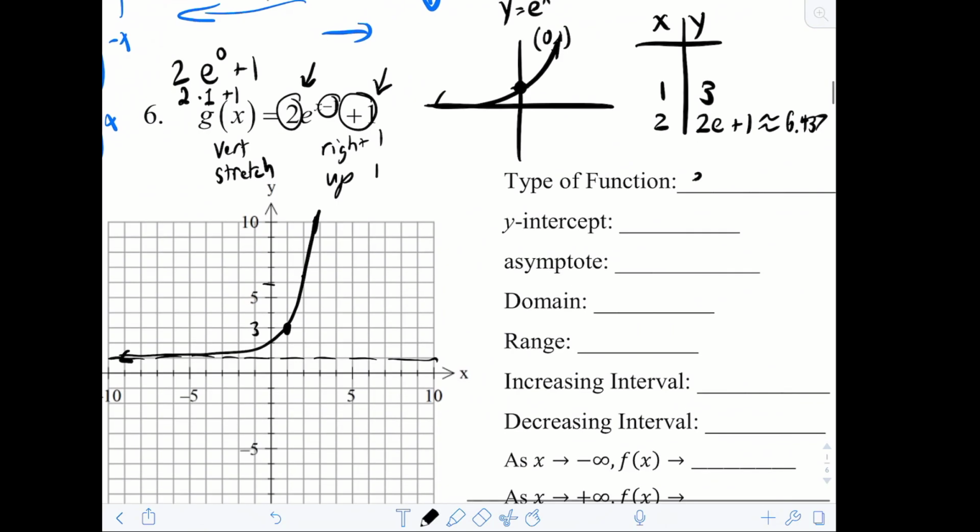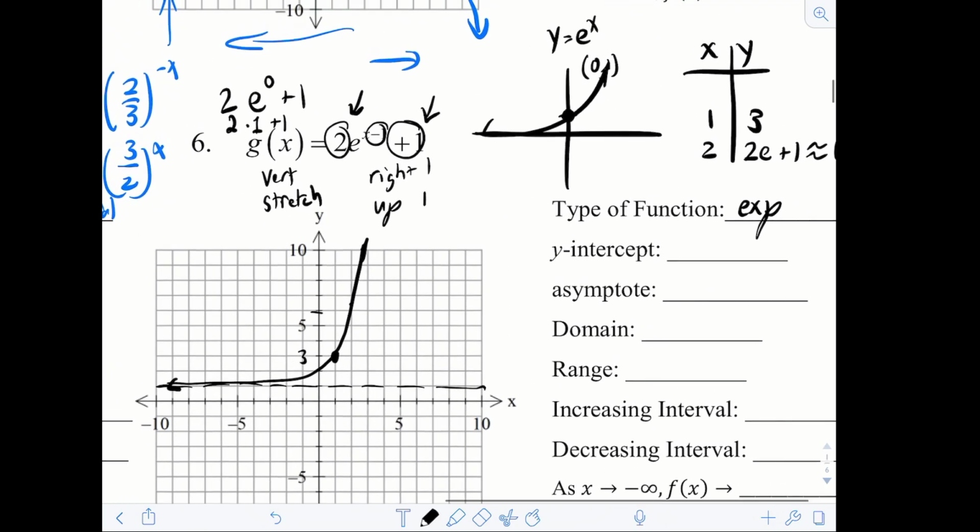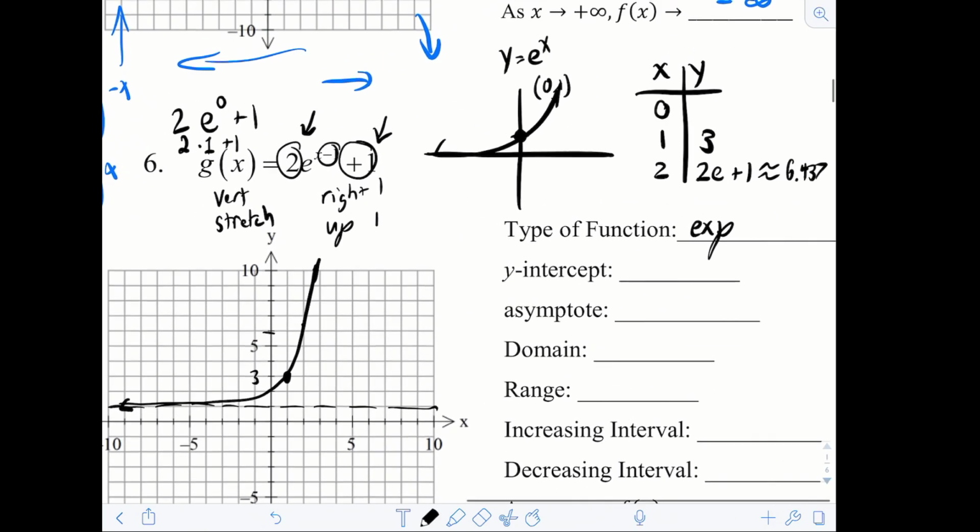Okay, type of function: exponential. Still, even though the base is different. My y-intercept, now that's actually a really good question. When x is equal to 0, that is going to be 2e to the 0 minus 1 plus 1. So 2, and then this is actually going to be e to the negative 1, but I can write that as 1 over e, and then plus 1.